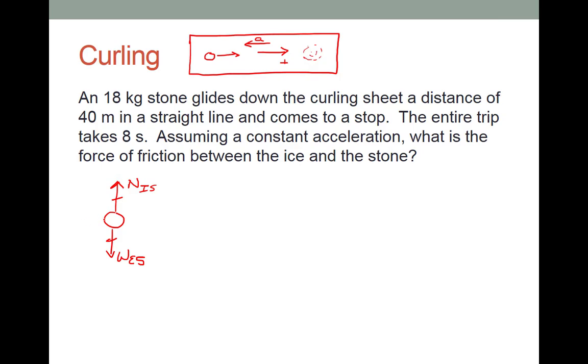Horizontally, we've got one force, and that's the force of friction between the ice and the stone. Remember, all this analysis is taking place after the person has set the stone into motion, so there's no force pushing it any longer. It's just going. Okay, what we know is F net equals ma.